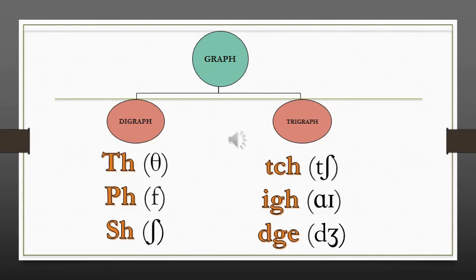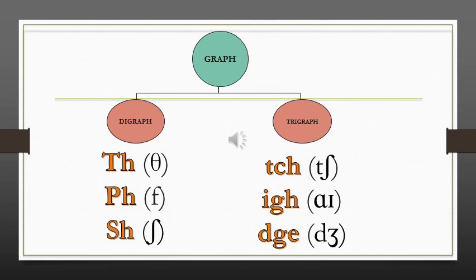It's not s or h, it's sh. So s and h combine to form the sh sound. These are the three major digraphs. In digraphs, two consonants combine to produce one single new sound.